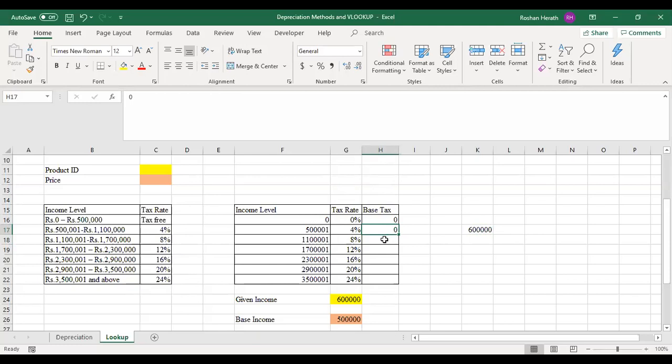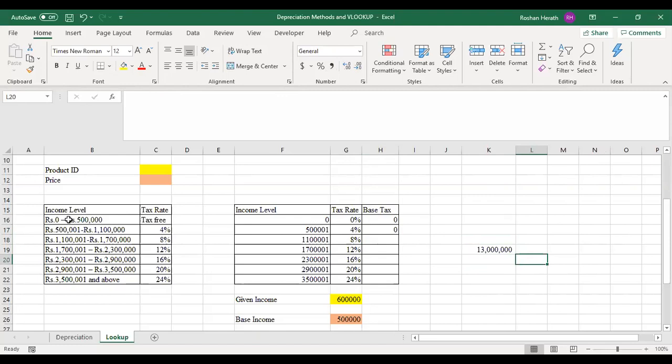Then let's say that there is a person whose income is, say, 13 million. Just assume that person's income is 13 million. Then how many bands is he passing? First level he is passing for sure, from 0 to 500,000. That is one level.